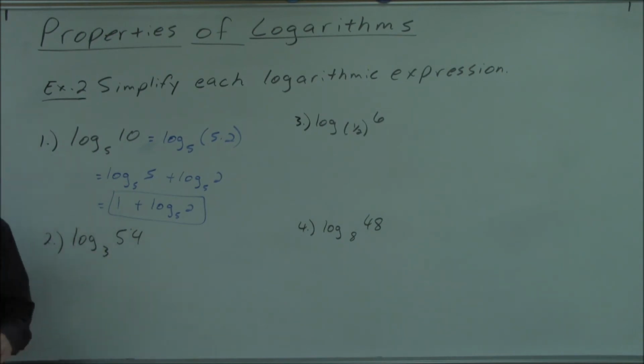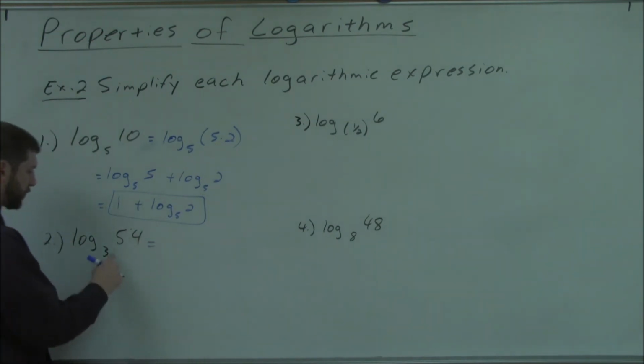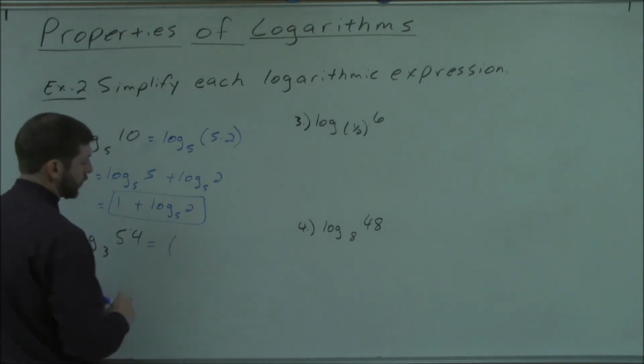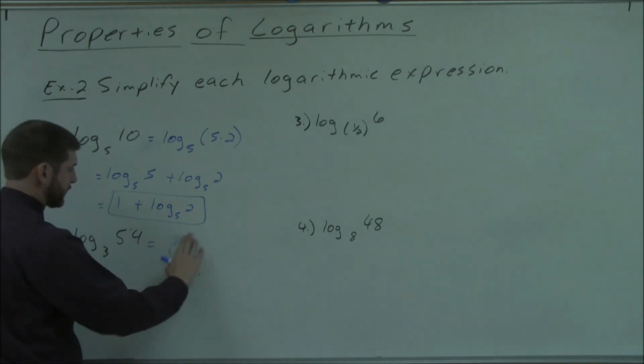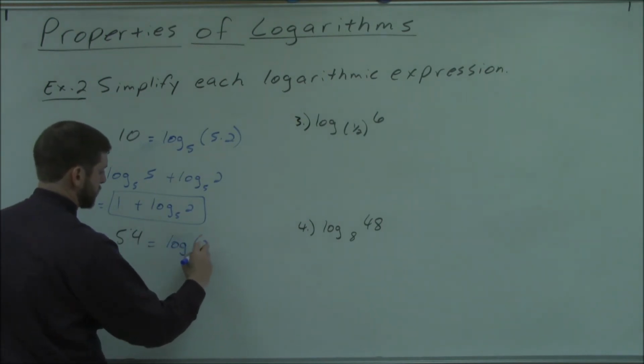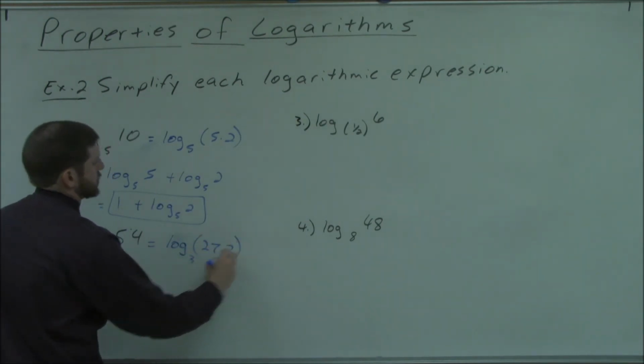Okay, hopefully you were able to do some work with these. Let's see what you got and see how it compares to what I come up with. So log base 3 of 54. So let's see what powers of 3 we've got hidden in there. Well, we know lots of things for 54. Hopefully you recognized it's 27 times 2.